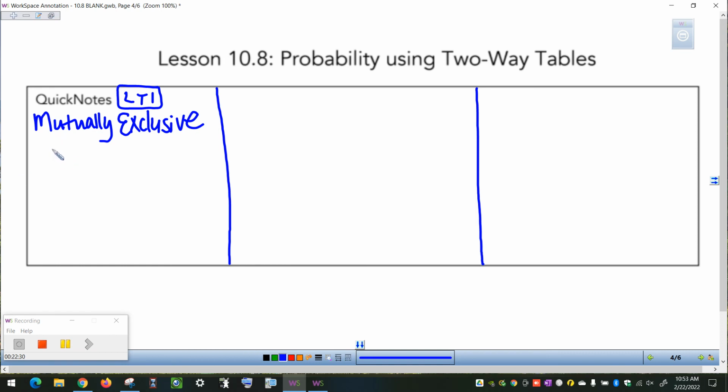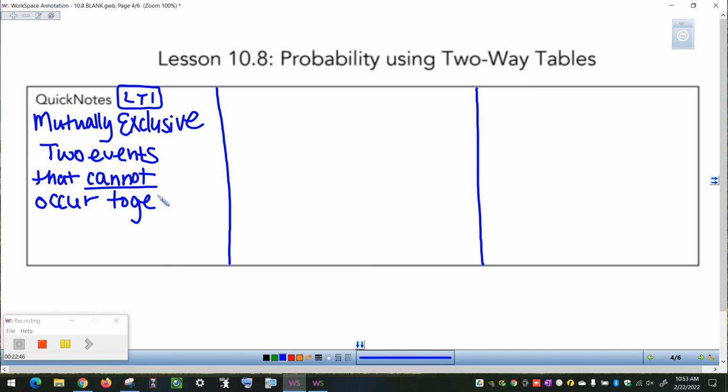And what we saw in the activity is that if they are mutually exclusive, it means that we have 2 events that cannot occur together. In other words, there's no overlap.